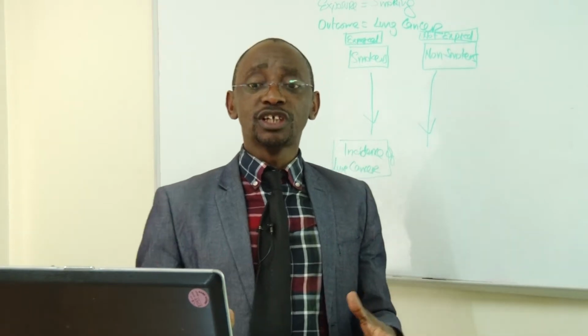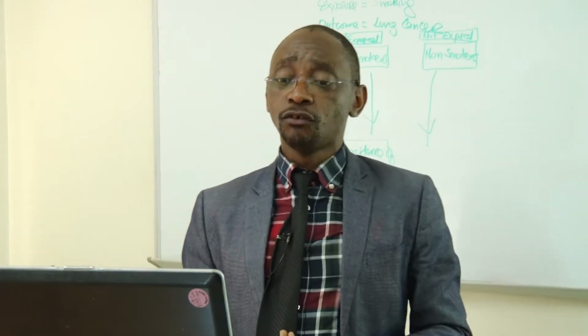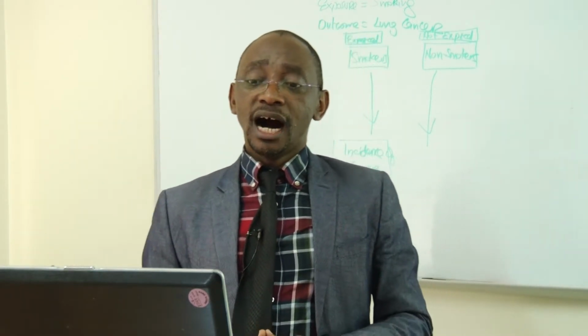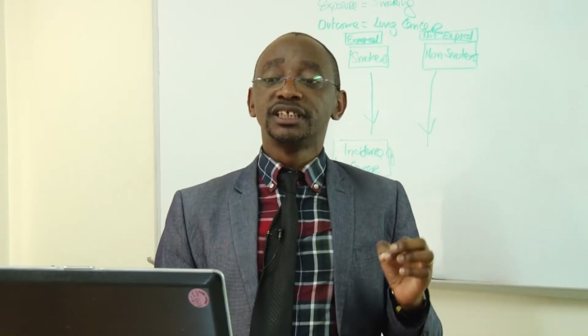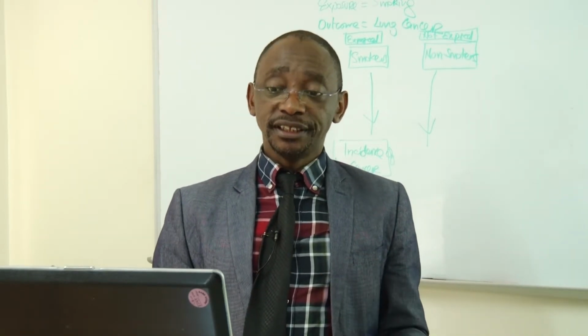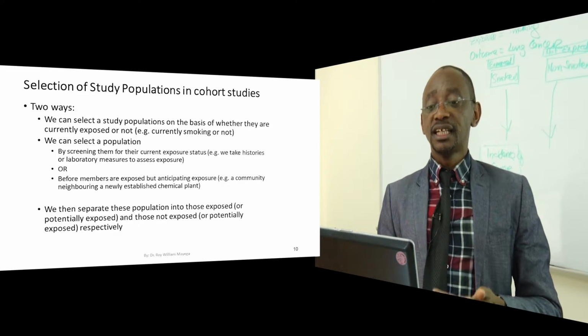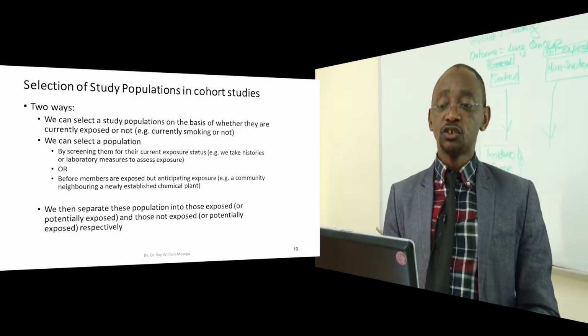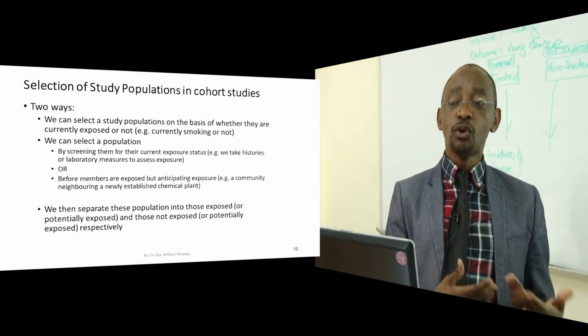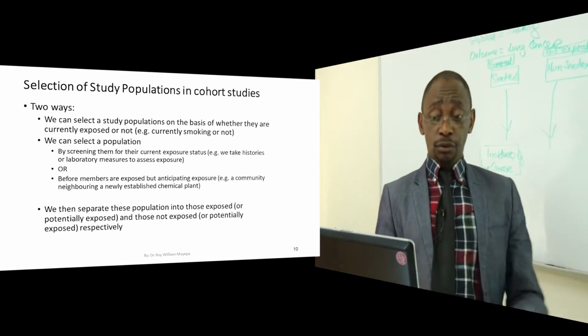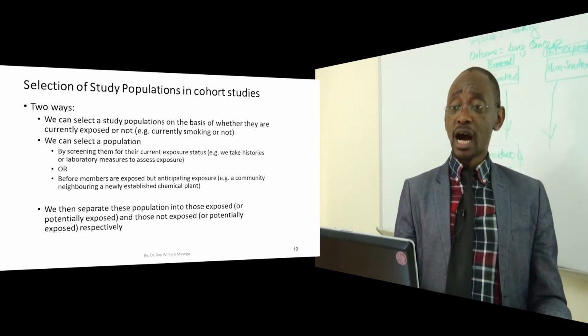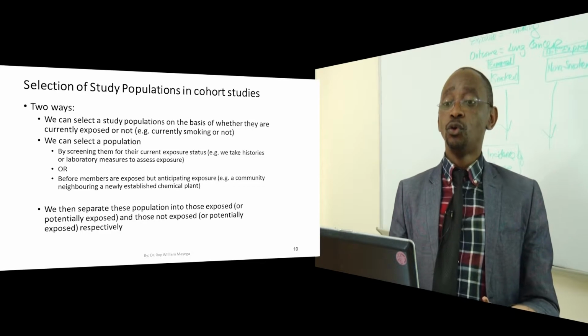Now, here are some further issues about the design of cohort studies. How do we select study populations in cohort studies? There are two ways. We can select a study population on the basis of whether they are currently exposed or not. For instance, we get people whom we know currently smoke and people who do not smoke.